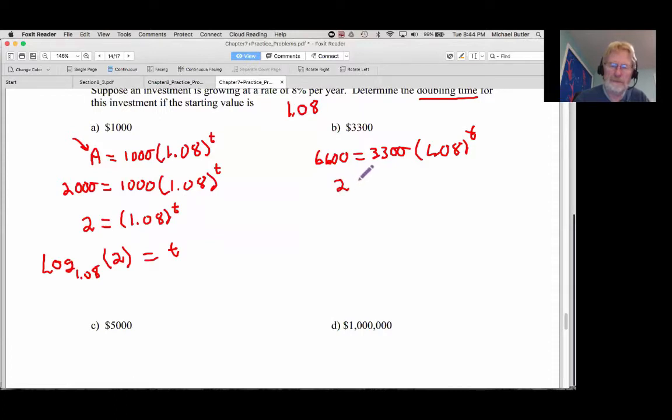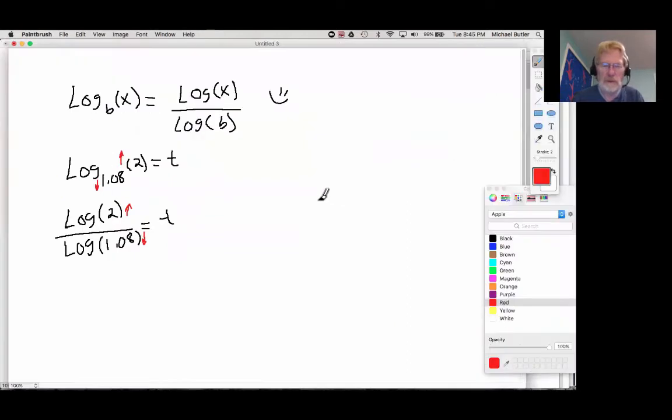Yes? Look, divide out 3,300 from both sides, and what do you get? Here, let me move it over onto this side. If I've got my amount that I'm looking for equal to 3,300 times 1.08 to the t, right?